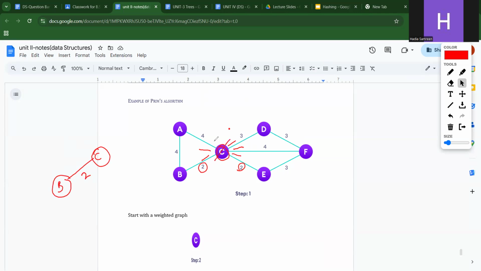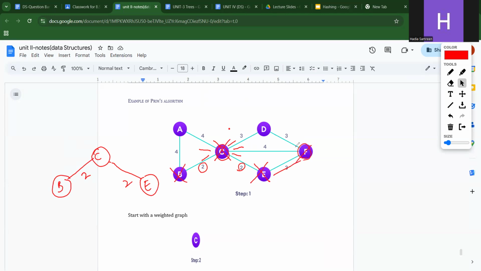So now C is visited, B is visited. Done. So we traveled C and B. Then next, this E is the minimum. So we can do this. This is visited. Now, from E, in how many ways can we go? Only to F, right?